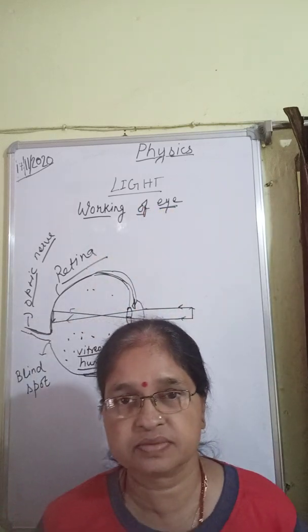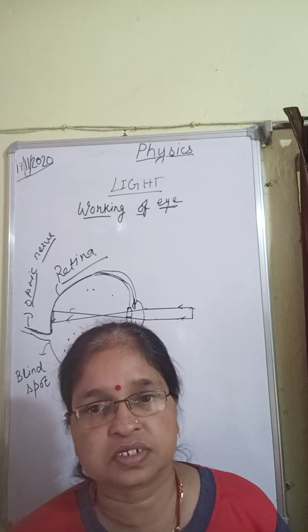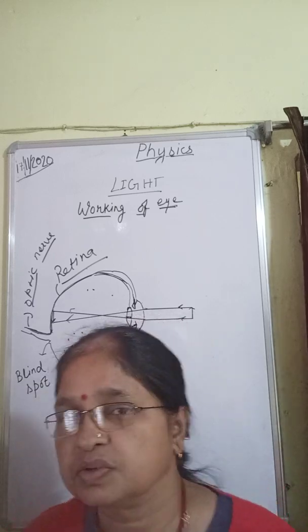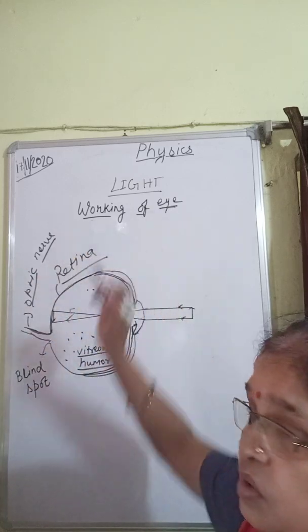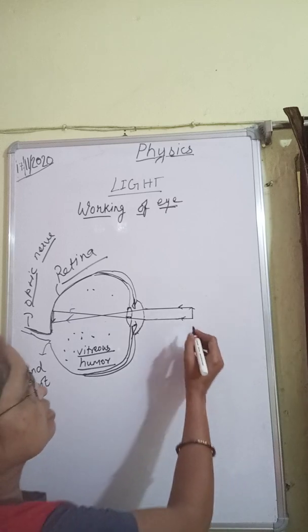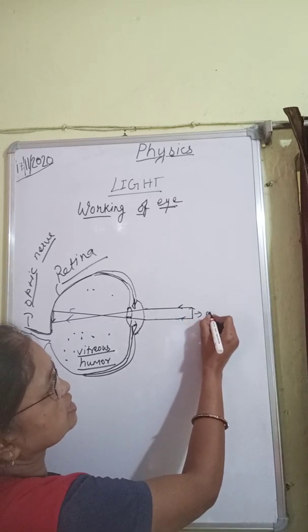In the previous class we studied the structure of the eye. Today we will discuss the working of the eye. This is the object.